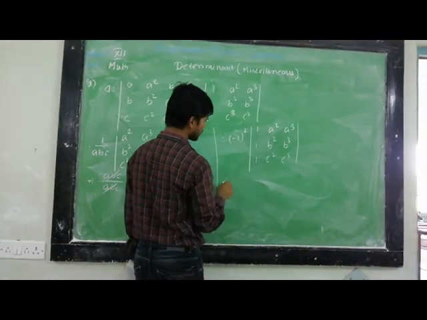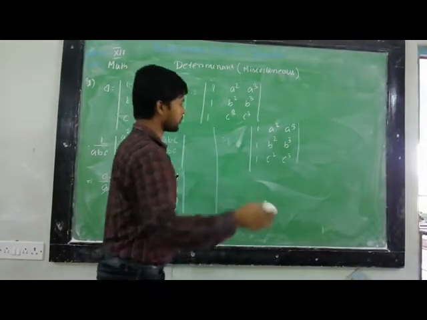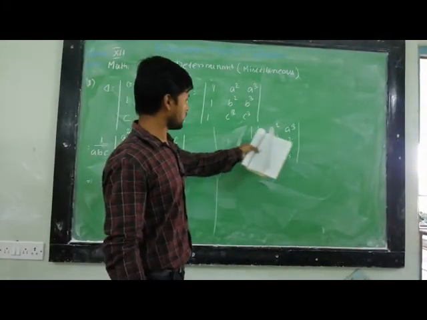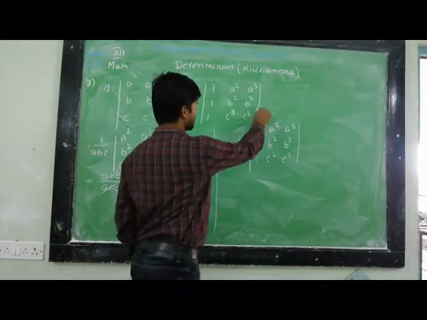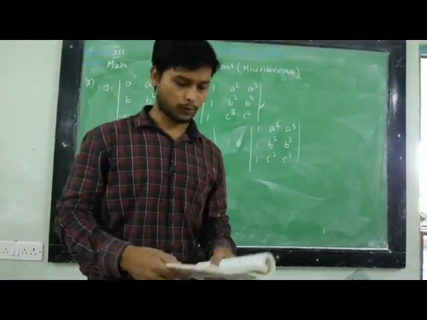So minus 1 whole square will be plus 1, so that will be plus 1 into this. So the value of the determinant is this, which is our required answer, and hence the problem is solved.